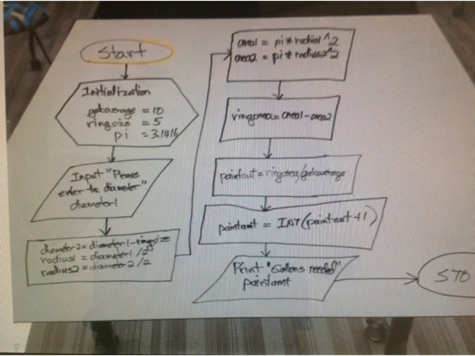So we would include that probably somewhere right here. As we're coming down, we'd input, and in our problem it's actually the radius. We'd input the radius, reset the band, and then continue on with our work.